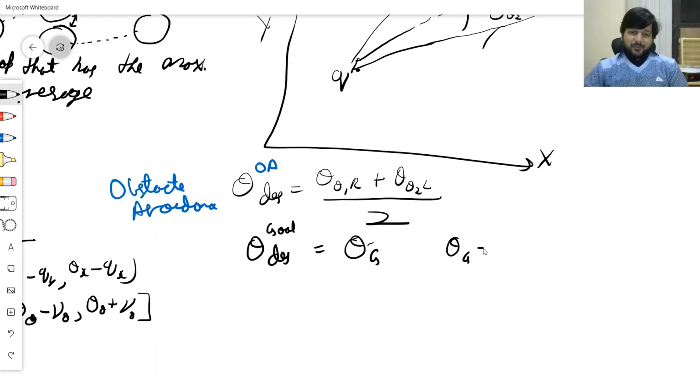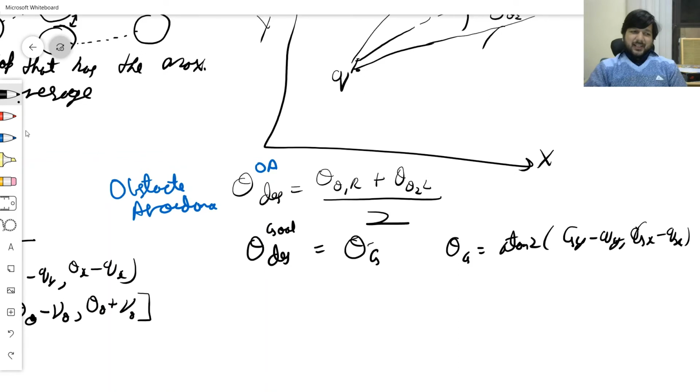Where the angle to goal is, of course, a tan 2 of gy minus qy, gx minus qx. So now you've got two behaviors.